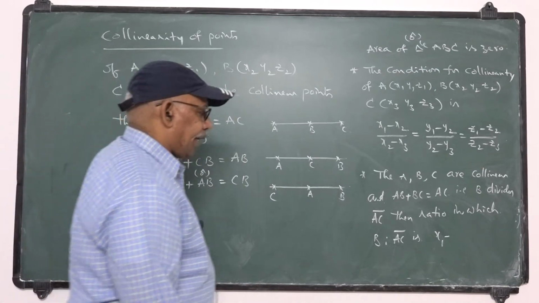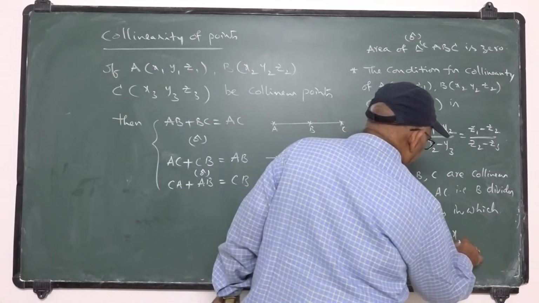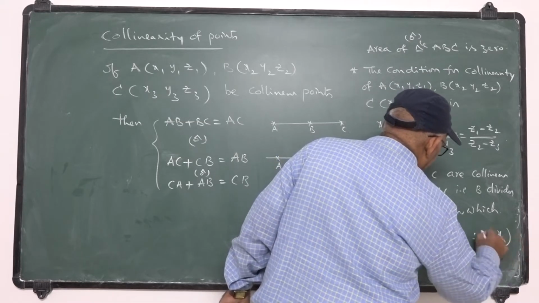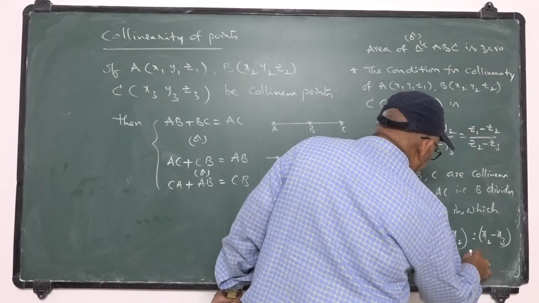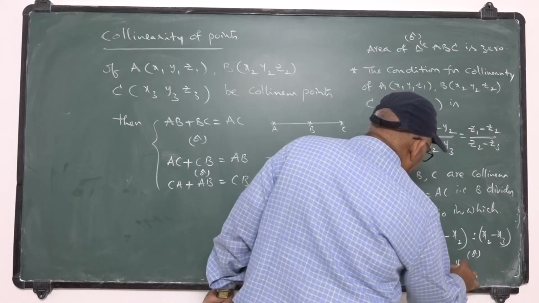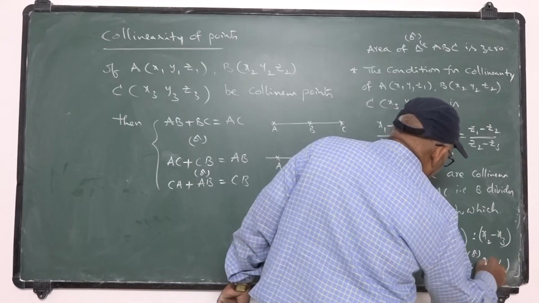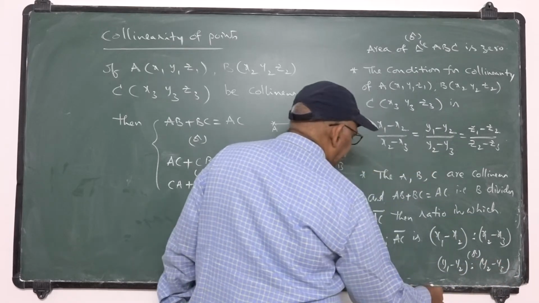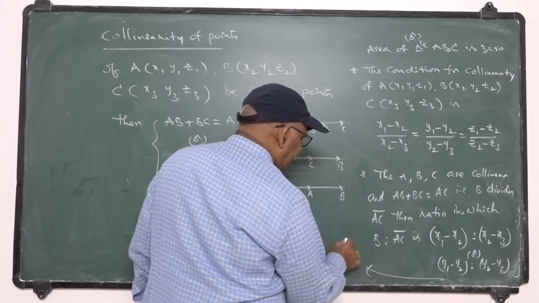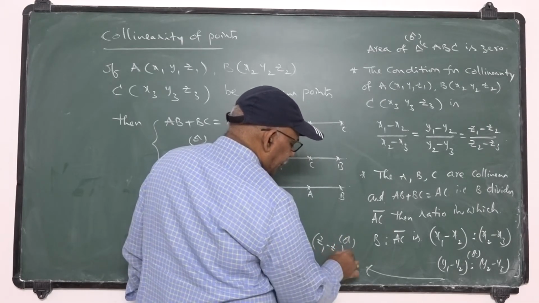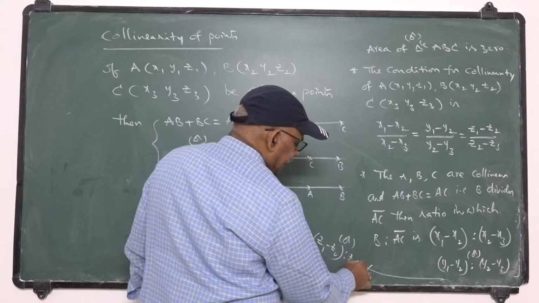x1 minus x2 is to x2 minus x3, or y1 minus y2 is to y2 minus y3, or z1 minus z2 is to z2 minus z3.